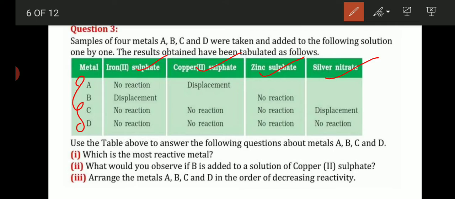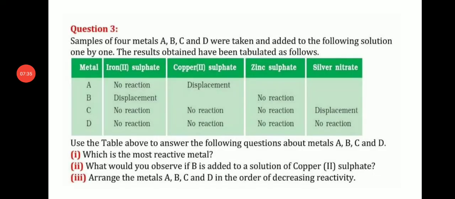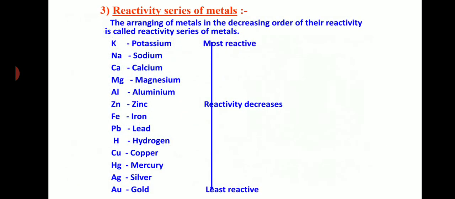So to know the answers for these questions, you should know the reactivity series of metals. So let's see the reactivity series first, and then we'll write the answers. Okay, so reactivity series, here the potassium is highly reactive, sodium, then calcium.